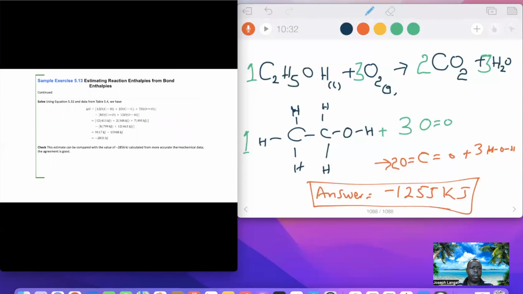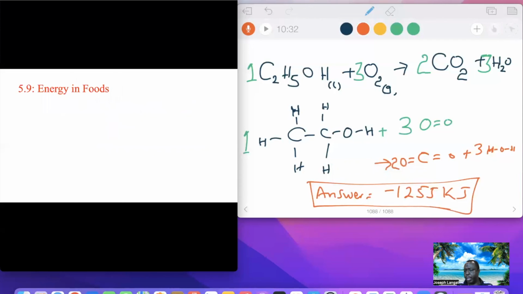Now, I want to just wrap up Chapter 5, looking briefly at the energy value, the food value, for the food we consume. How do we calculate the energy value, either in kilojoules or in calories?